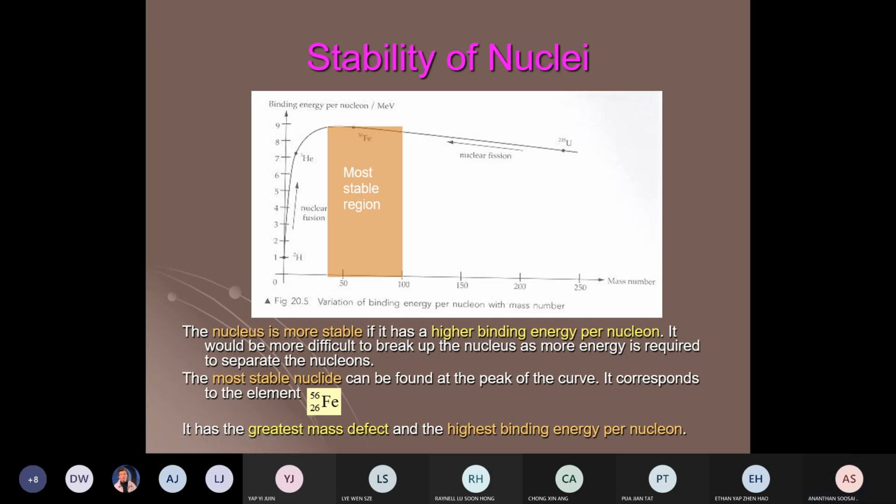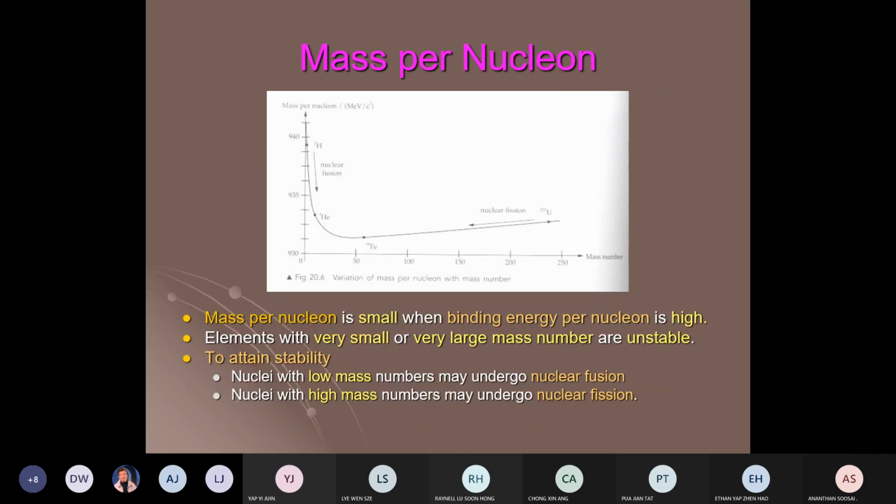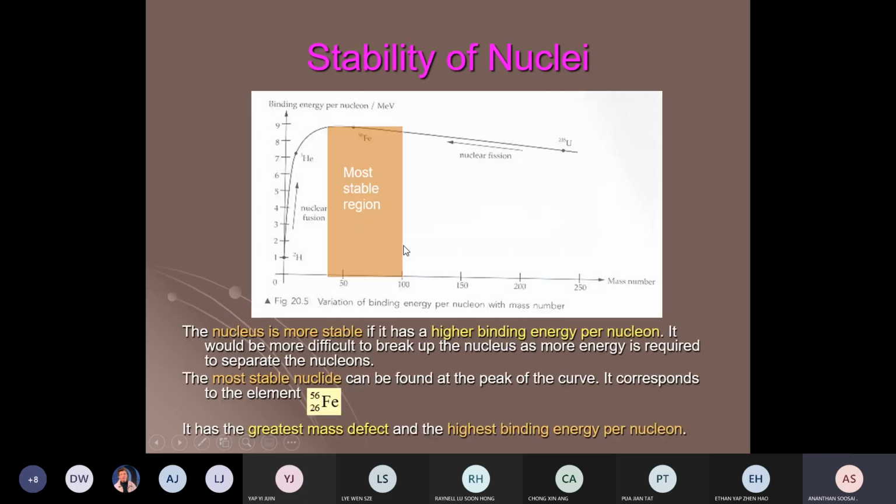This graph is not that famous, you can read through it, but the most important graph is binding energy per nucleon versus mass number. You have to memorize that iron-56 is at the top position. More than 56 becomes less stable, and less than 56 is also less stable.